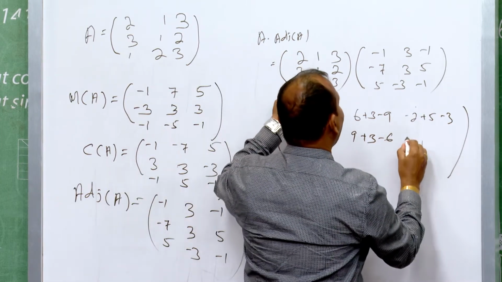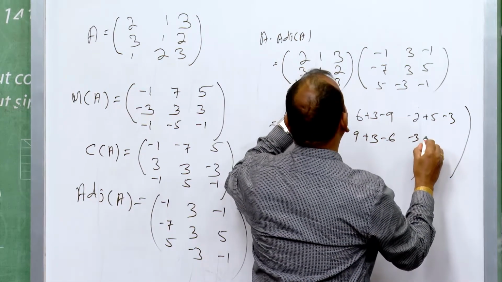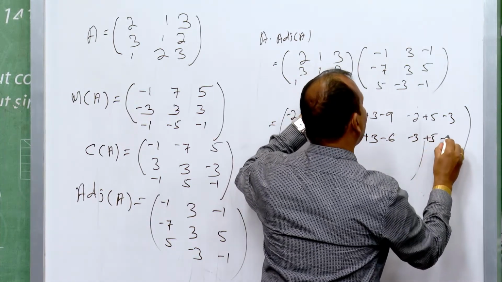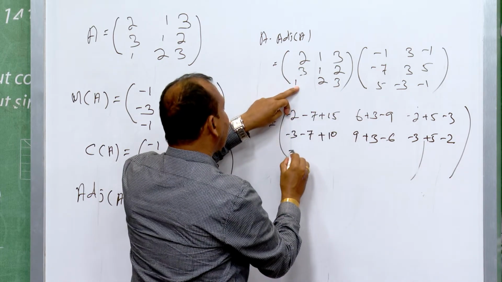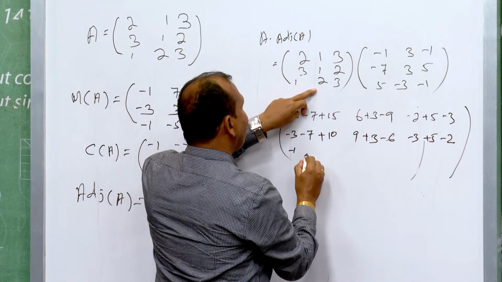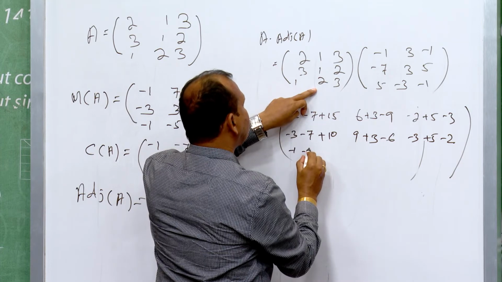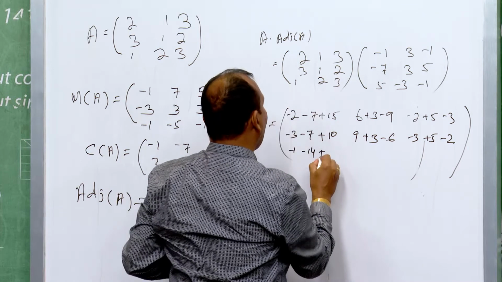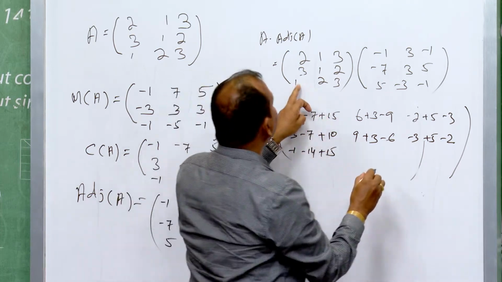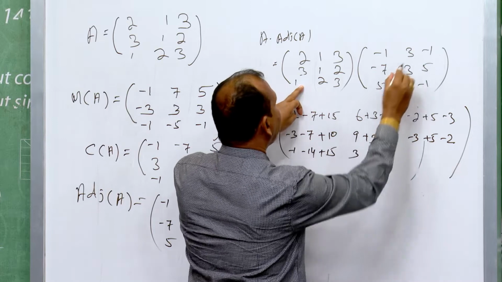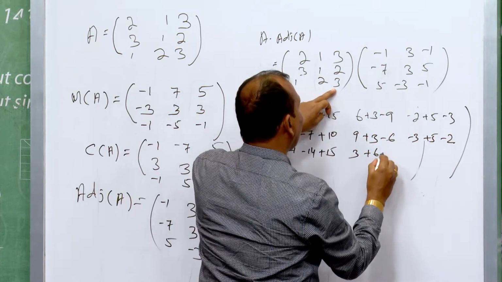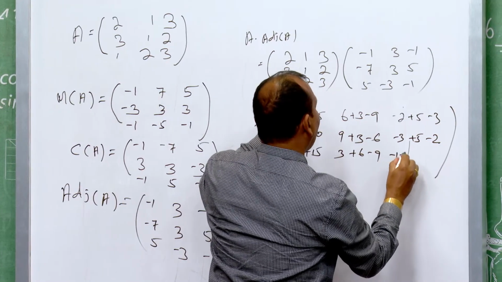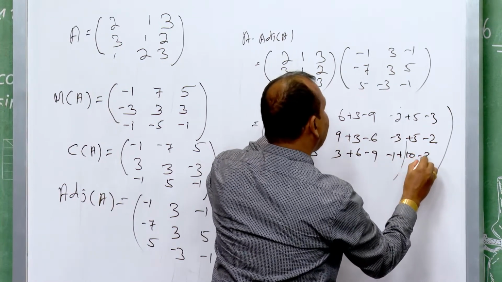That becomes minus 3 plus 5 minus 2. That becomes minus 1 minus 14 plus 15. That becomes 3 plus 6 minus 9. That becomes minus 1 plus 10 minus 3.